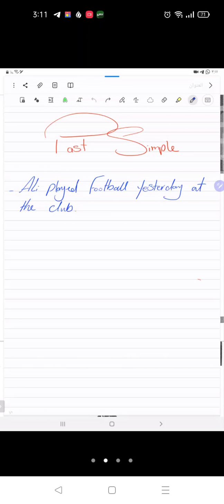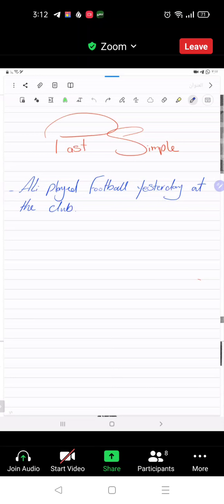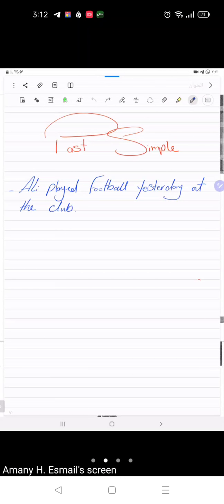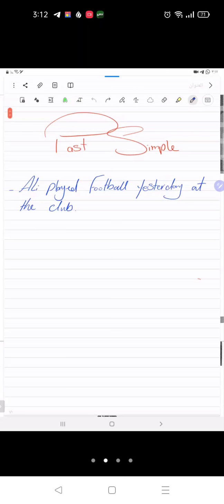Let me ask you questions about the meaning of this sentence. Does it mean that Ali is playing football now? No. Excellent. Does it mean that he will play football after 2 o'clock? No. Does it mean that he will play football in the future? No. So, what does it mean?